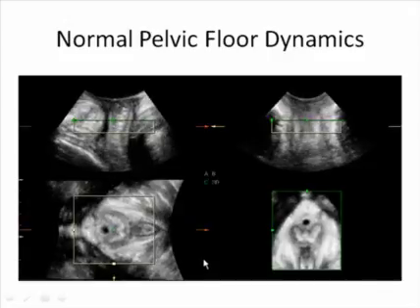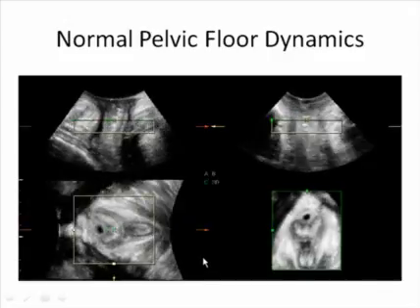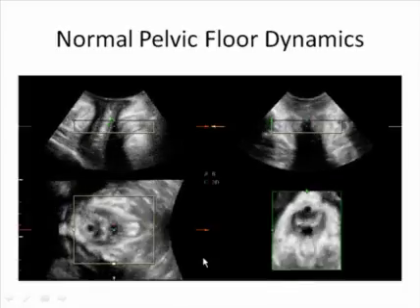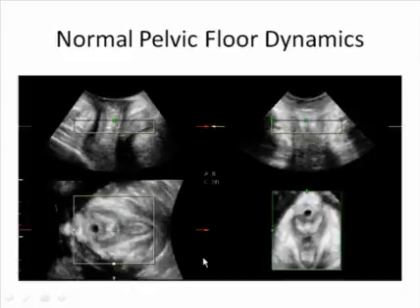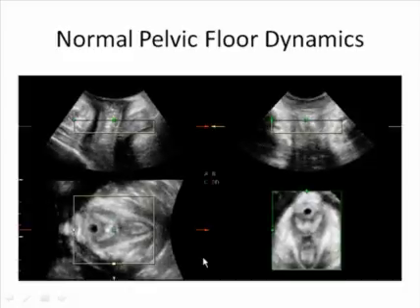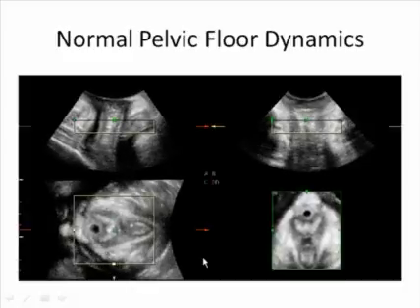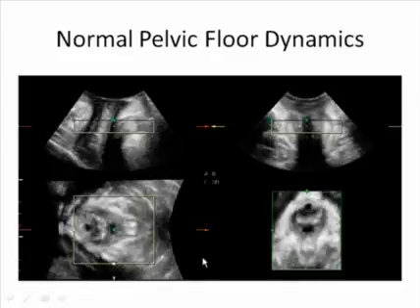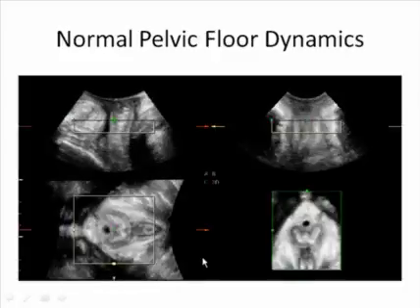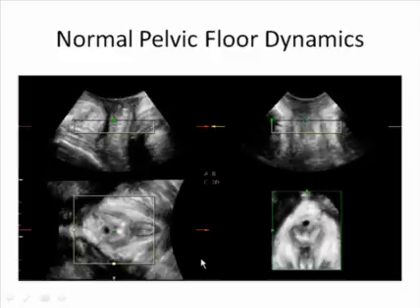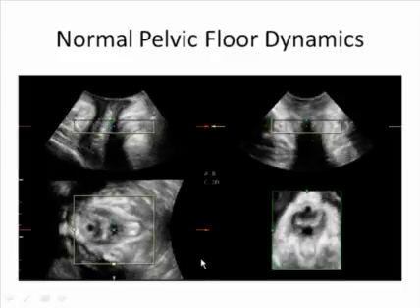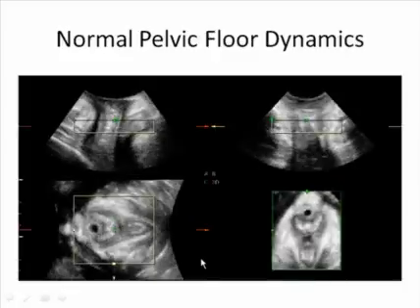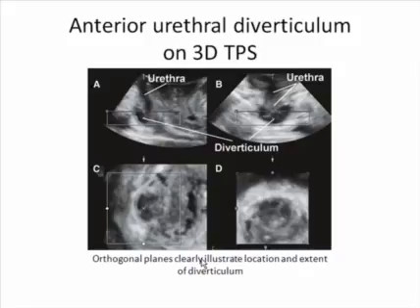And this is again from Dr. Dietz's excellent work showing what all these images look like in a normal patient in real time. The top left image is the sagittal image, and the bottom right is the axial image that is the most important. And you can see that the vagina maintains its H or W configuration.